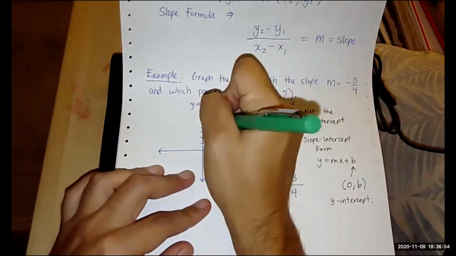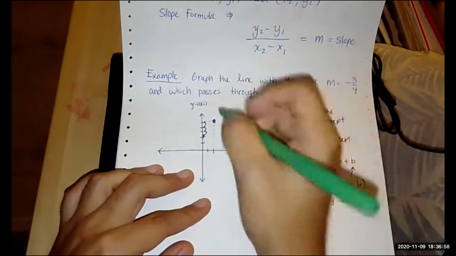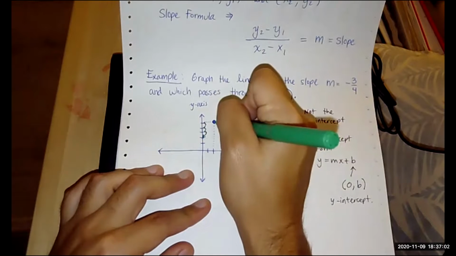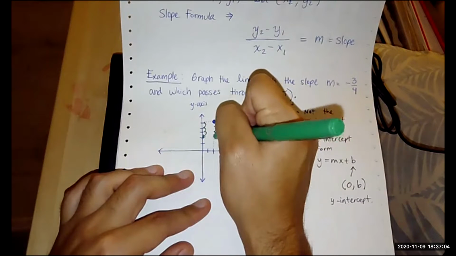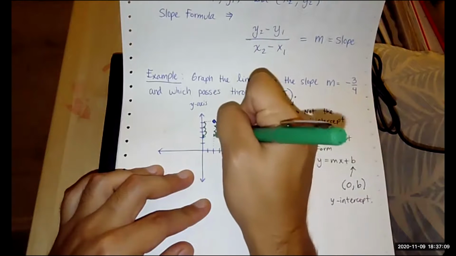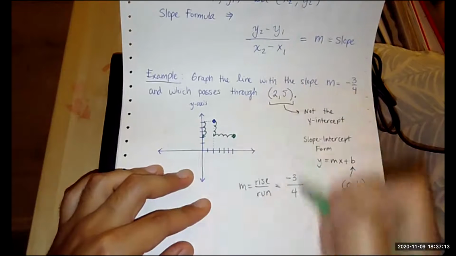So I'm going to go down from here 1, 2, 3. And then I'll go over 1, 2, 3, 4. And this is going to be the location of my next point.